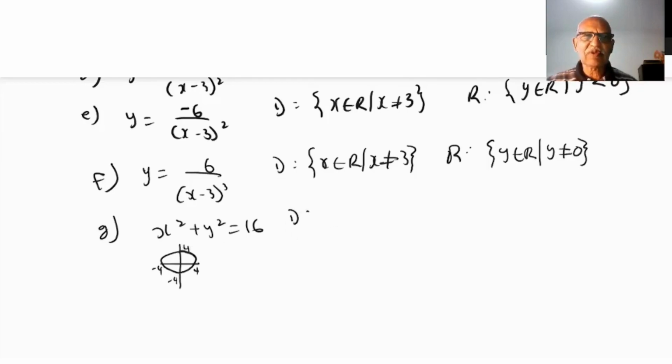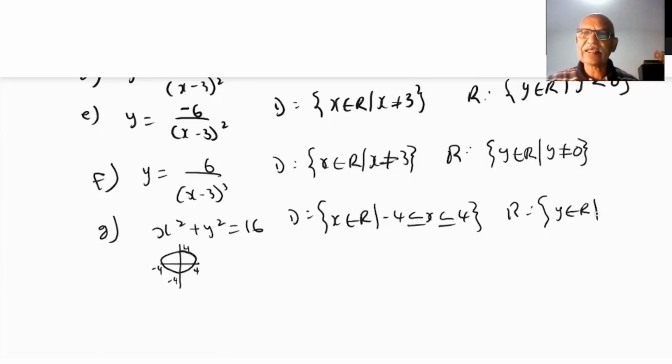So the domain will be x belongs to R such that negative 4 is less than or equal to x less than or equal to 4. In the same way, the range will be y belongs to R such that negative 4 is less than or equal to y less than or equal to 4.